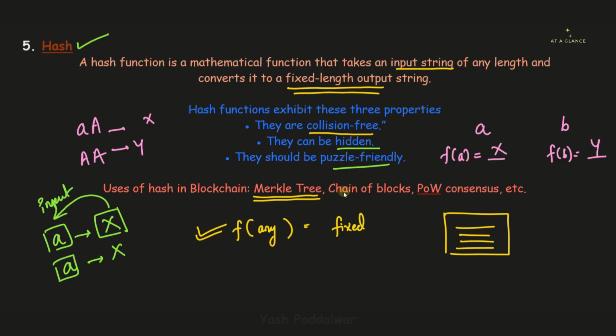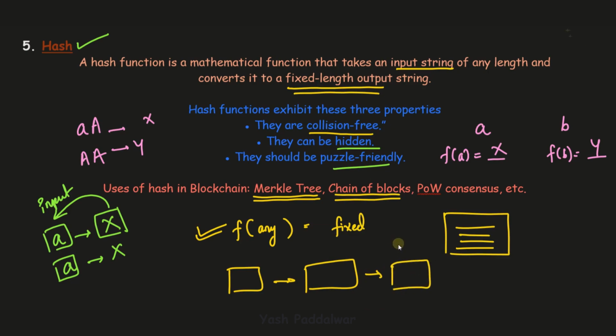The next usage of hash function in blockchain is in the chain of blocks. If you have a chain of blocks, let's say three blocks in the chain, every single current block will have the hash value of the previous block.